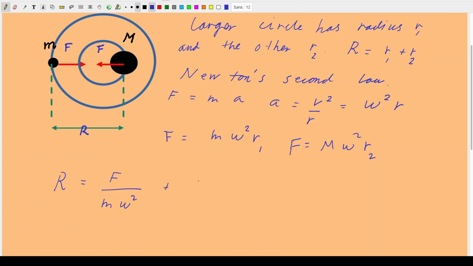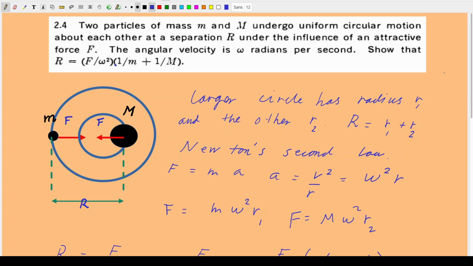Then you have r2. Isn't that correct? It's coming from that equation here. True. And this is exactly what we were supposed to show. It's that equation over here.